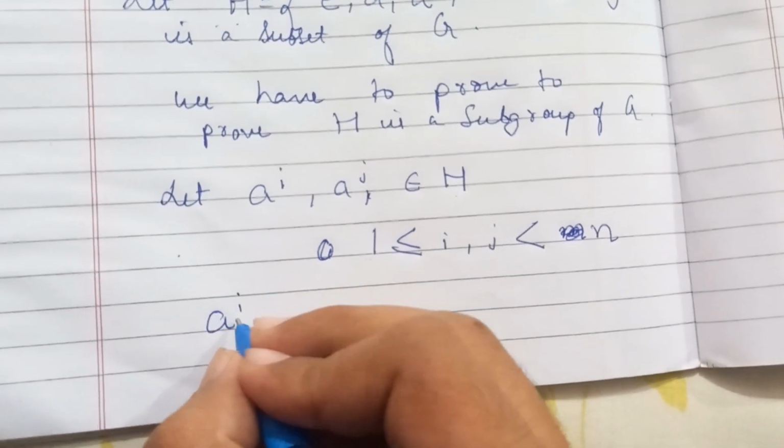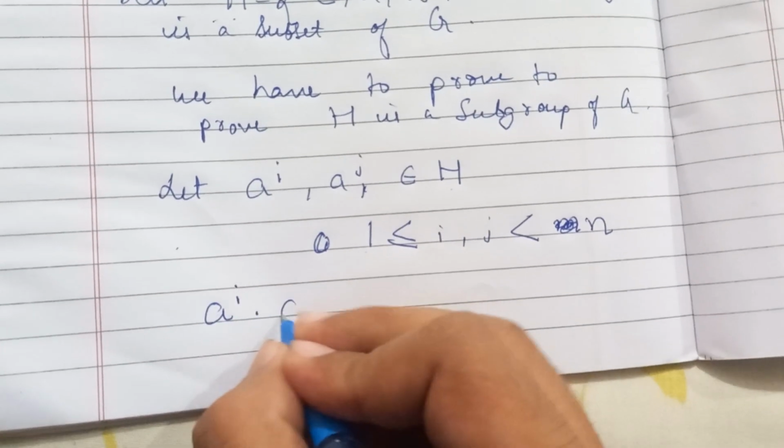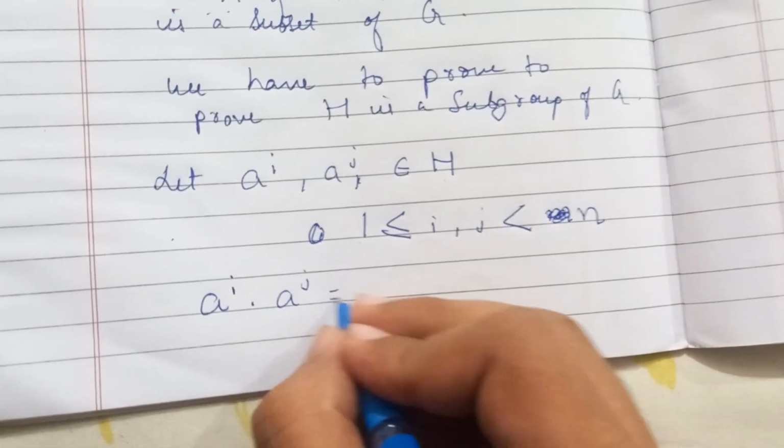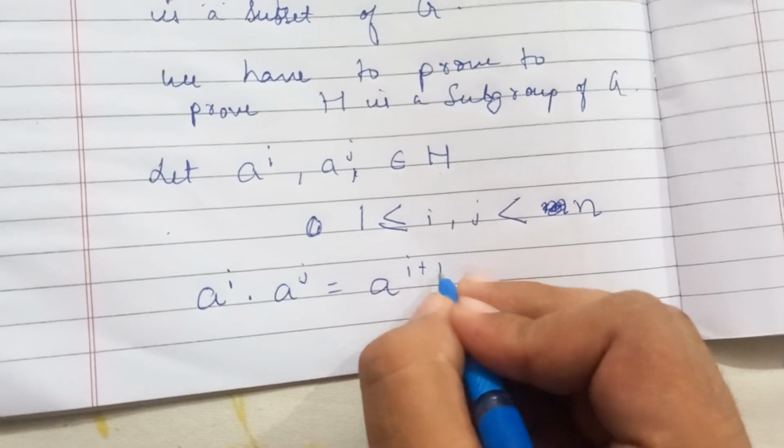So if we take the operation, we will get a to the power i plus j.